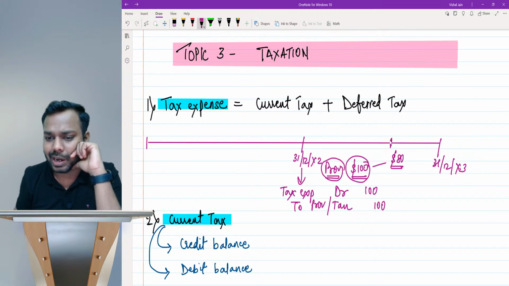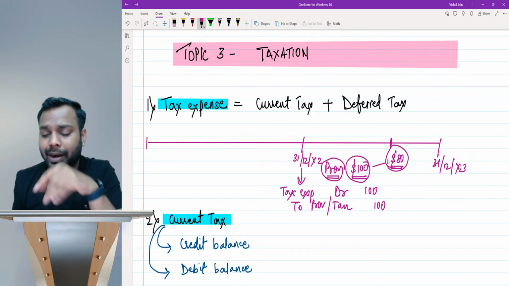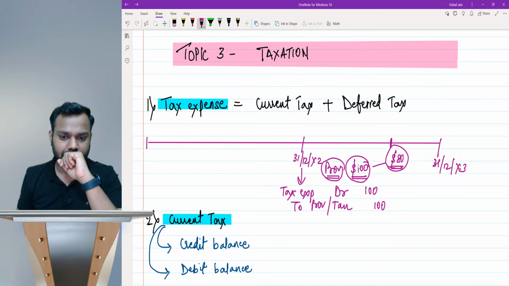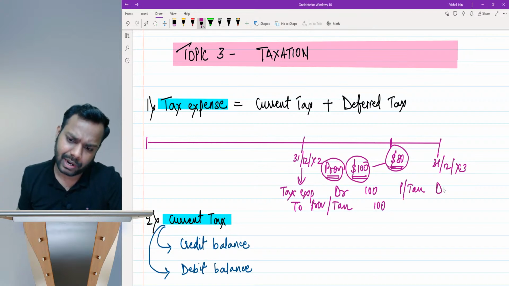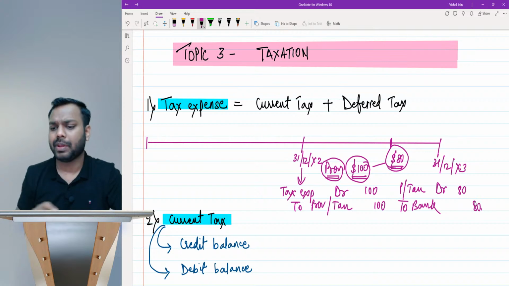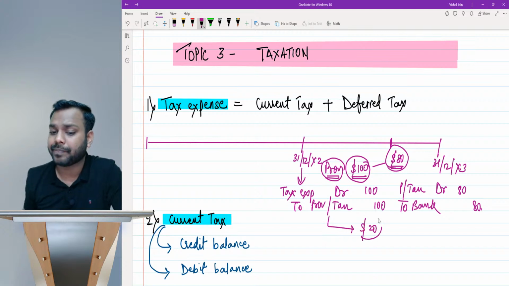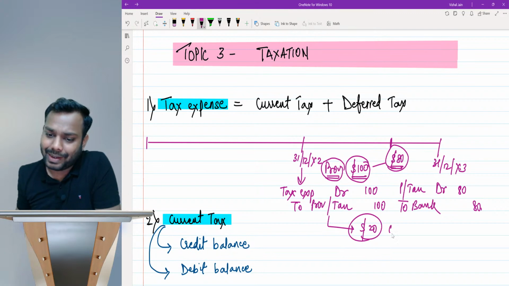Now on this date, the income tax department reviewed and told that the provision should be only 80 and not 100. So what I will do on this date is provision for tax account debit to bank, I'll pay 80, but $20 is still in the balance of provision for tax.